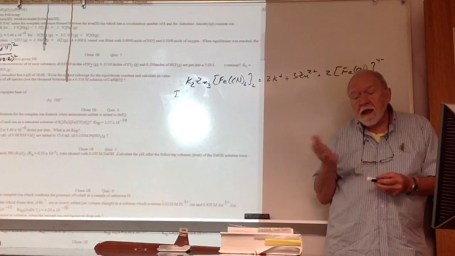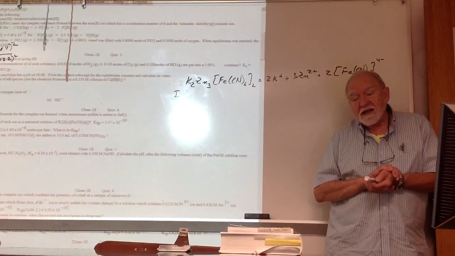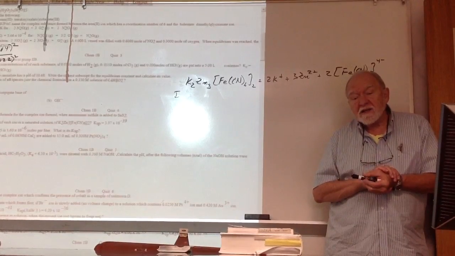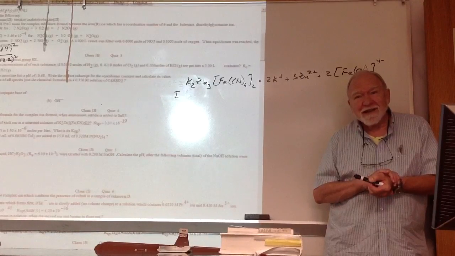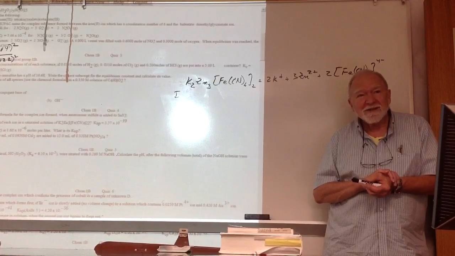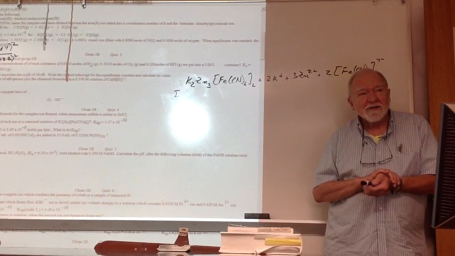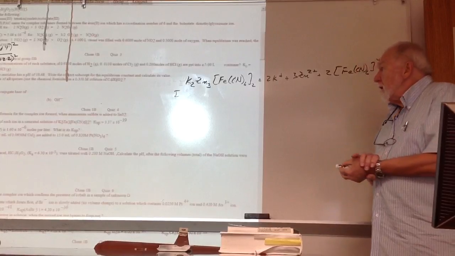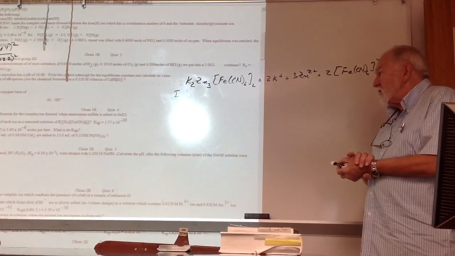Even lead 2 chloride, which is slightly soluble, has a KSP of about 10 to the minus 5. So if you had a KSP of 10 to the minus 2, and I can't think of anything with 10 to the minus 2 for KSP, it might fit into the sparingly soluble category. So we mostly apply these to things that are slightly soluble or so-called insoluble.